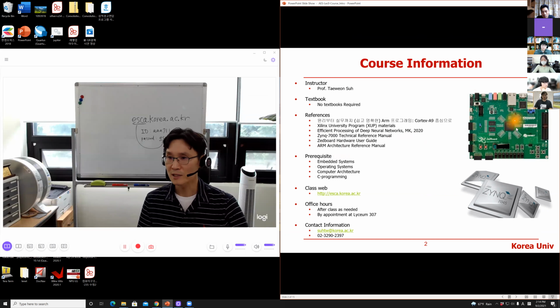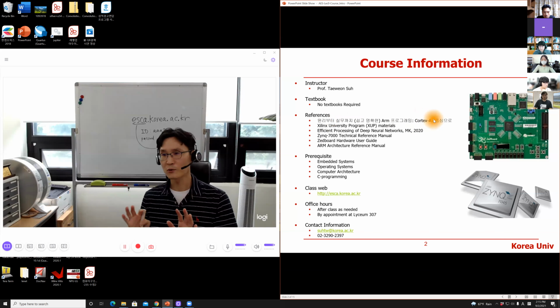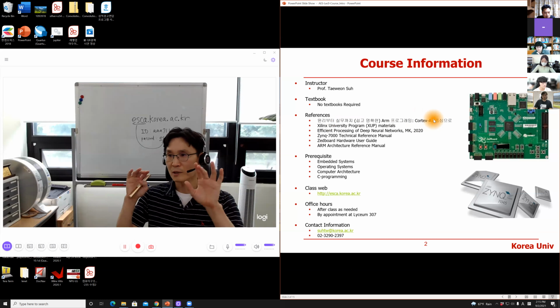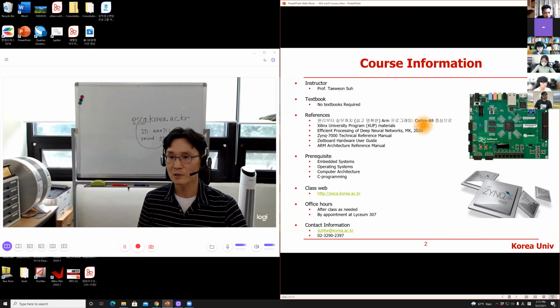Inside this chip, there are two Cortex-A9 CPUs. That's why I put this one as a reference. Especially if you want to do assembly programming, not high-level programming, then this is a good reference you can use, Cortex-A9.